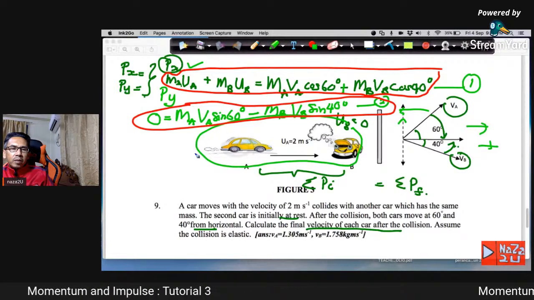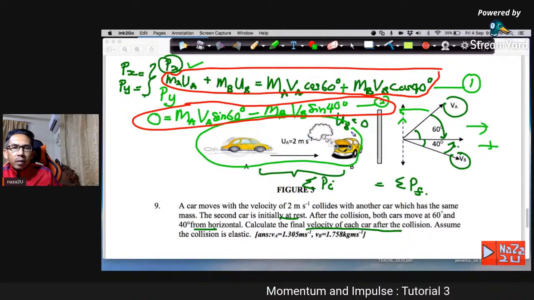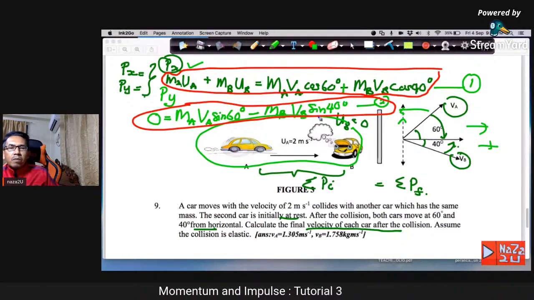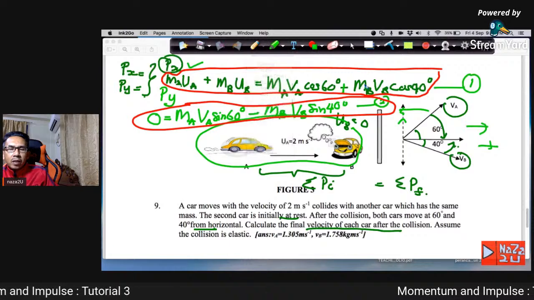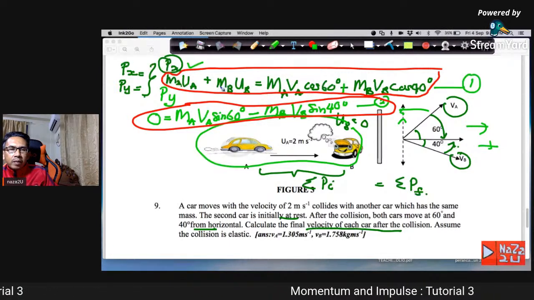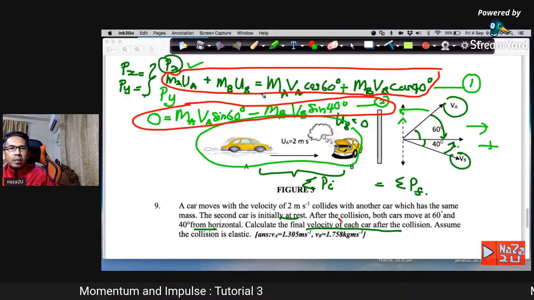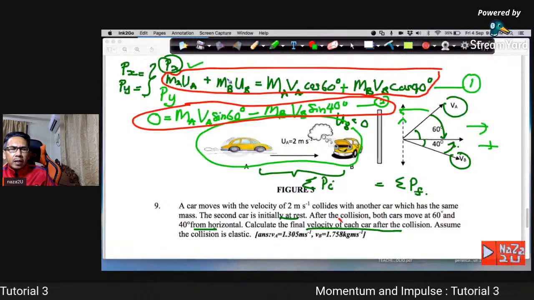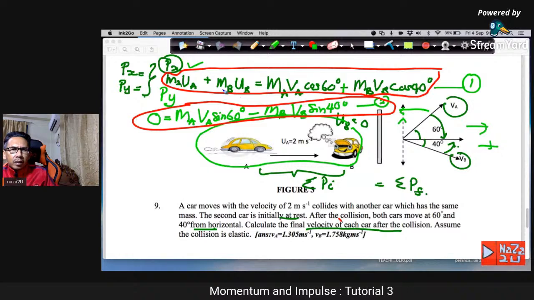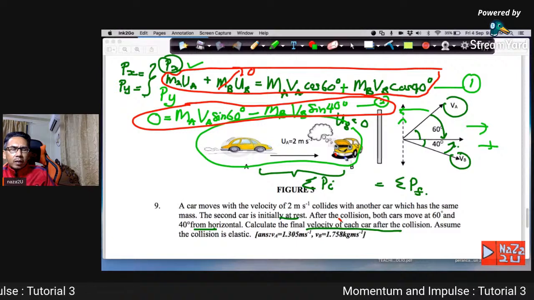Daripada persamaan ini, hanya ada 1-2 item saja yang kita tak tahu kat sini. Because mass ya, walaupun mass dia tak bagi kat sini, mungkin kalau kiri kanan kita boleh cancel. Okay, katalah ini akan jadi kosong because UB here is equal to 0, kereta tak bergerak.